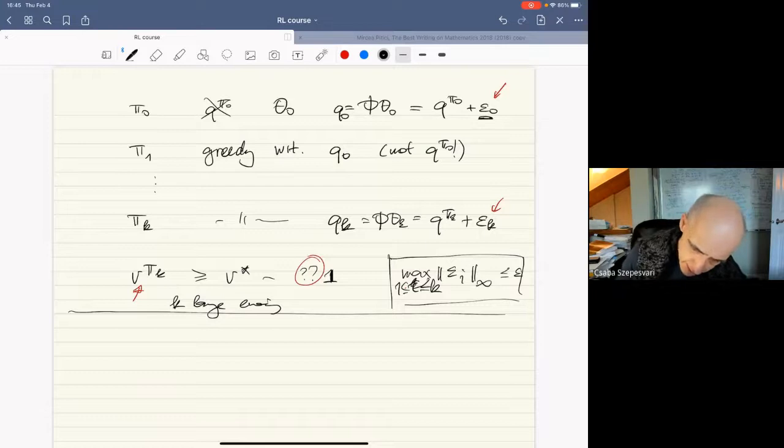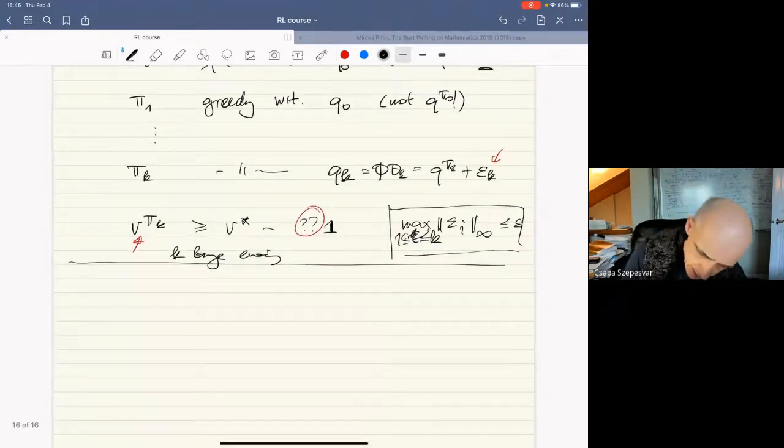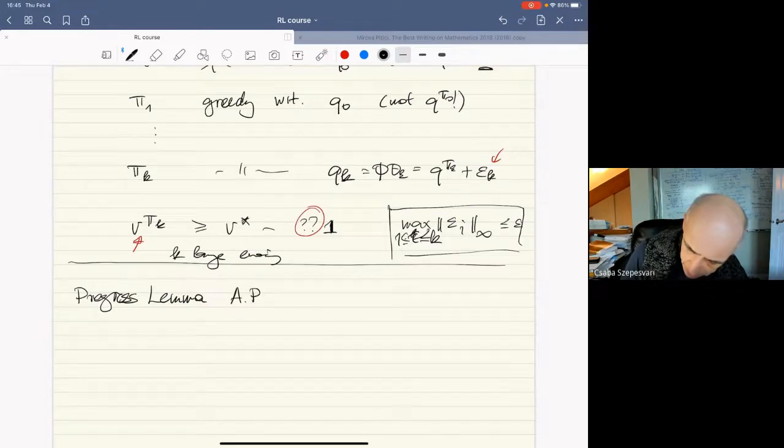And the result is going to rely on a lemma, which you could say is the progress lemma that we know for policy iteration, but just for this approximate policy iteration. So API stands for approximate policy iteration.